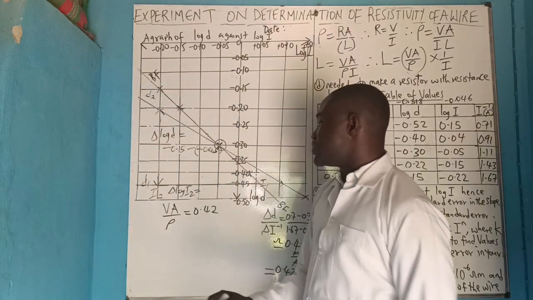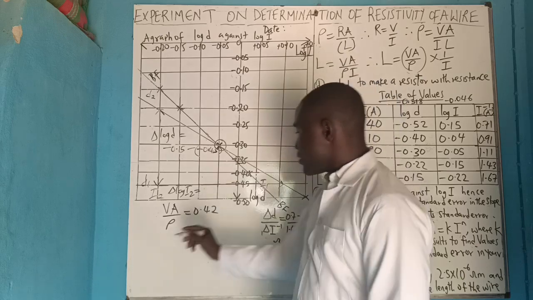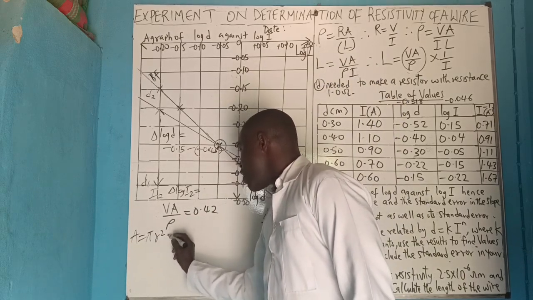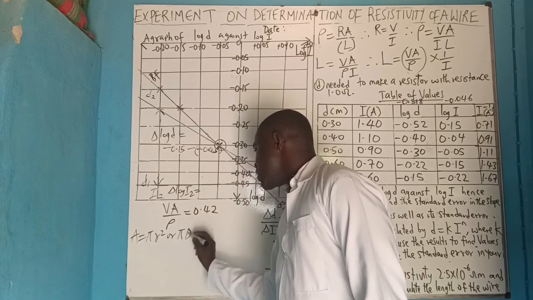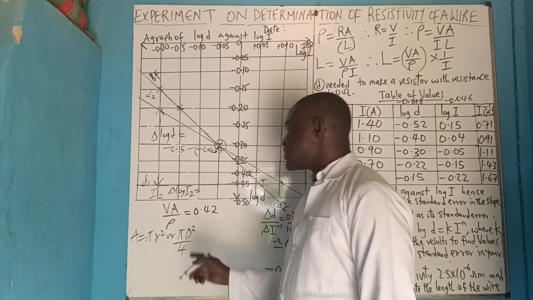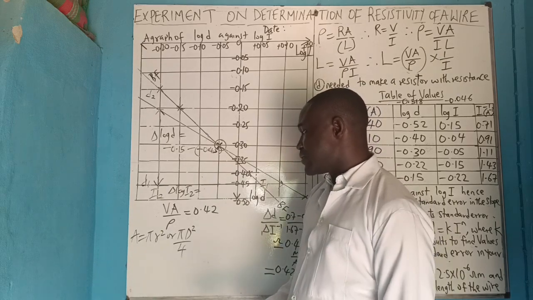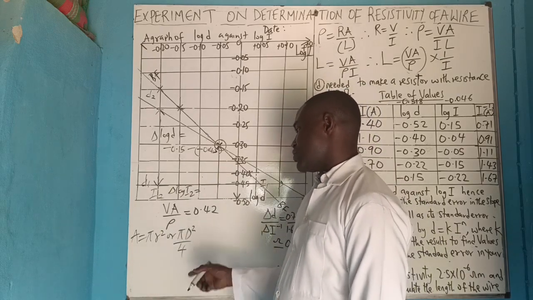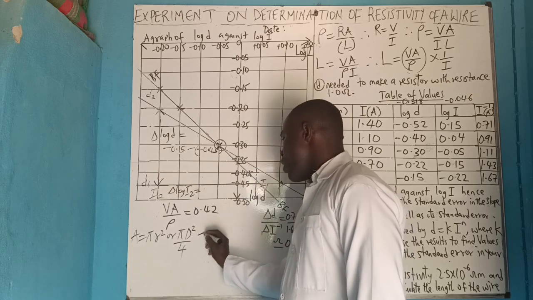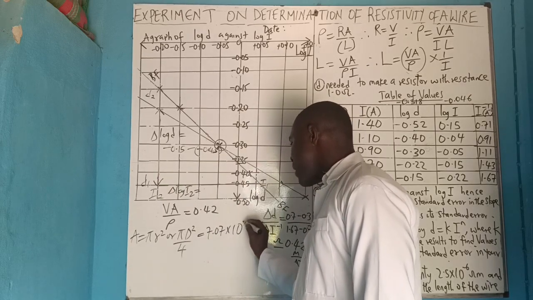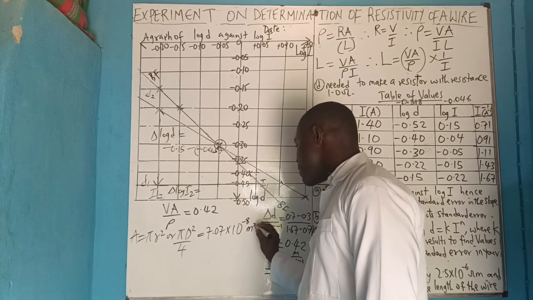Now watch it. We noted our A to be pi r square or pi d square over 4. That is the area of the constantan wire. Are you getting it? When we computed it, we got 7.07 times 10 raised to power minus 8 meters squared.